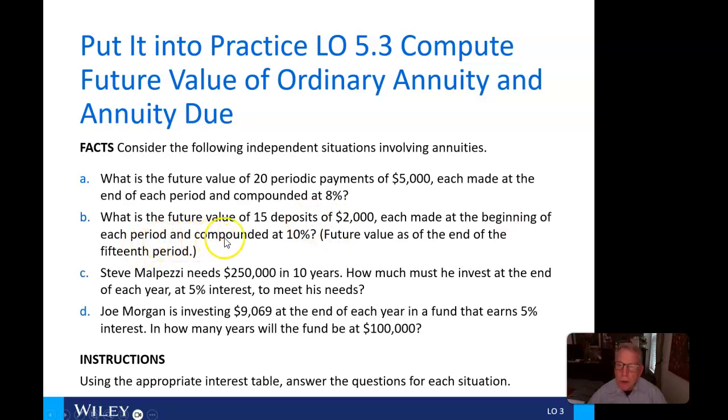The next one, however, a little different. What is the future value of 15 deposits of 2,000 each made at the beginning of each period and compounded at 10%? The future value as of the end of the 15th period. So we do need to make an adjustment here because that 2,000 was made at the beginning of each period.